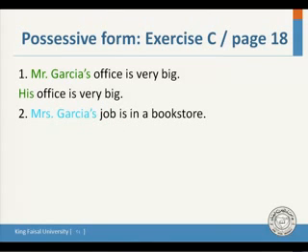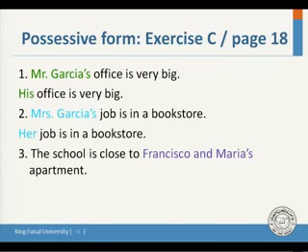Sentence 2. Mrs. Garcia's job is in a bookstore. She's a woman, so her job is in a bookstore. Sentence 3. The school is close to Francisco and Maria's apartment. Two people.